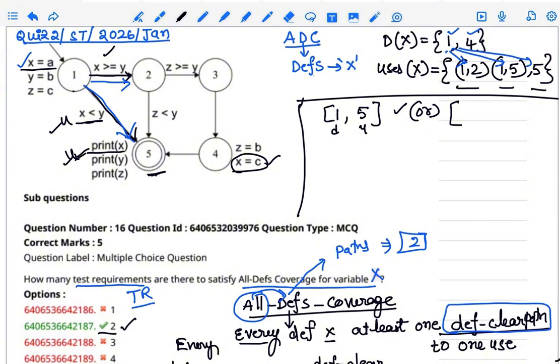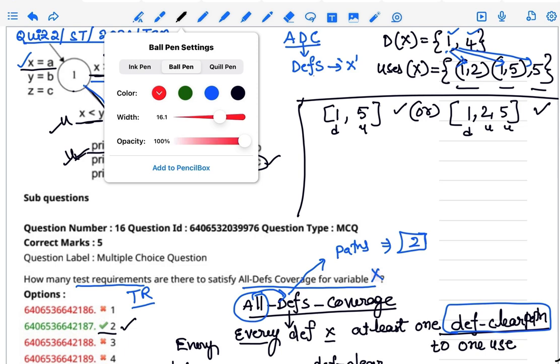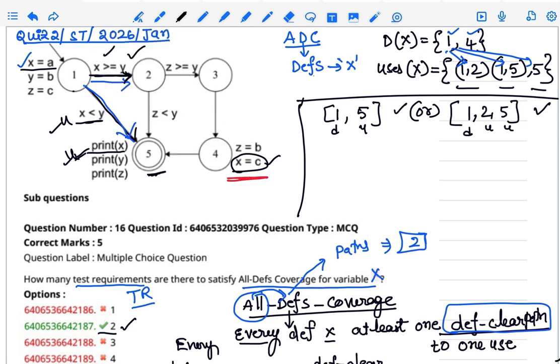We could also cover the use x greater than or equal to y, edges 1 to 2 and 2 to 5.